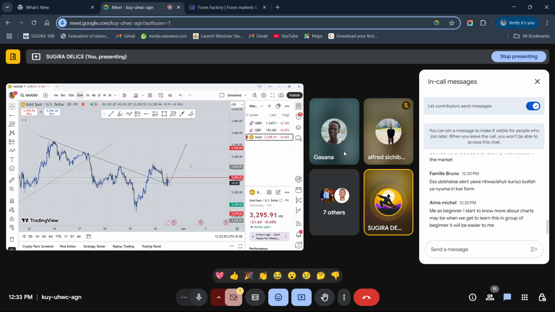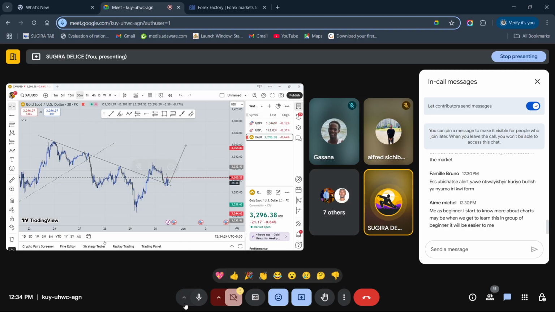DXY is an index for the US dollar. That's what people say happens the most. What matters is for you to just focus on the pair you're analyzing. If you're analyzing gold, you should focus on gold, not what the DXY did. If you're analyzing gold, analyze gold.